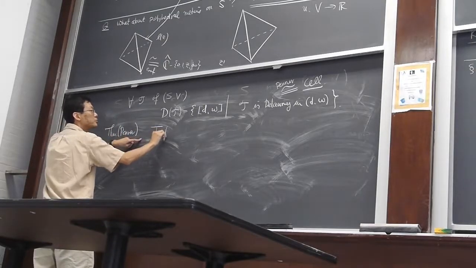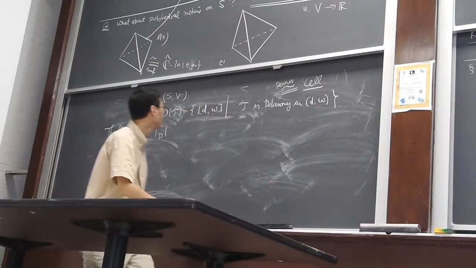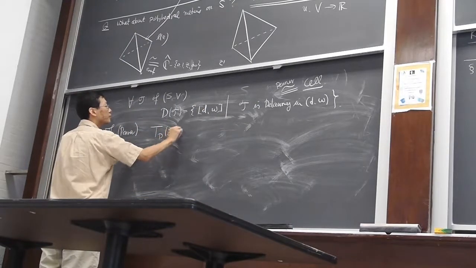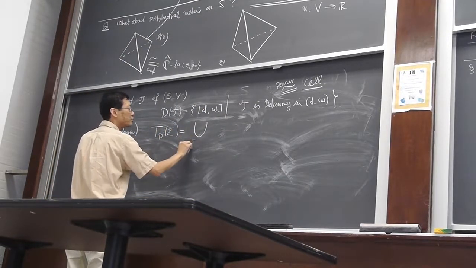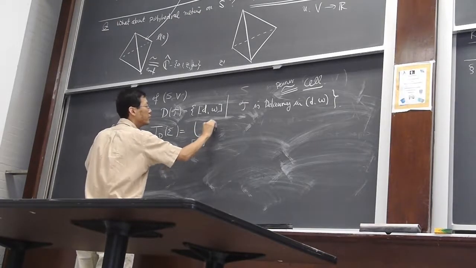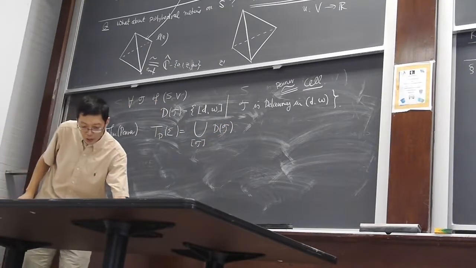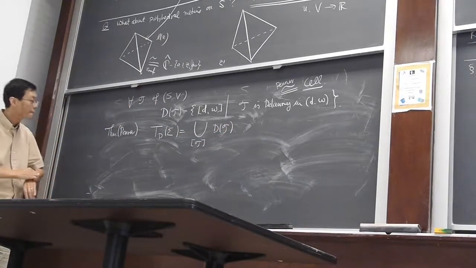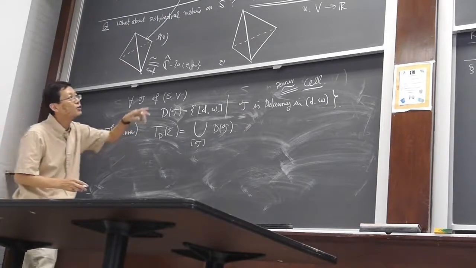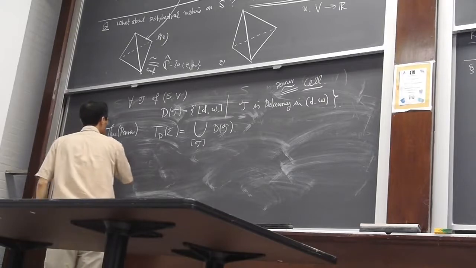The decorated attachment space has a canonical cell decomposition indexed by the homotopy class of triangulations. Okay, so the picture looks kind of similar, and now let me tell you how the map goes.